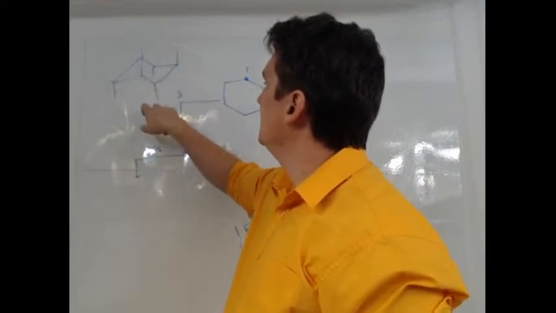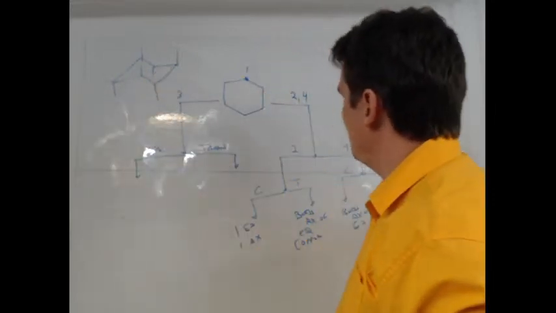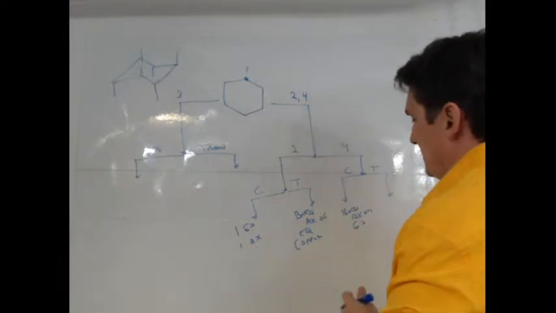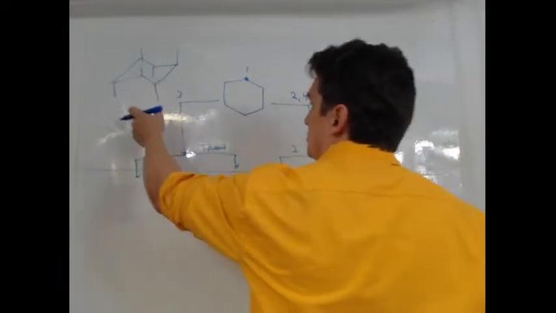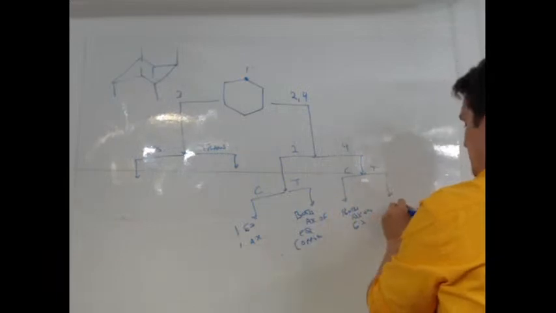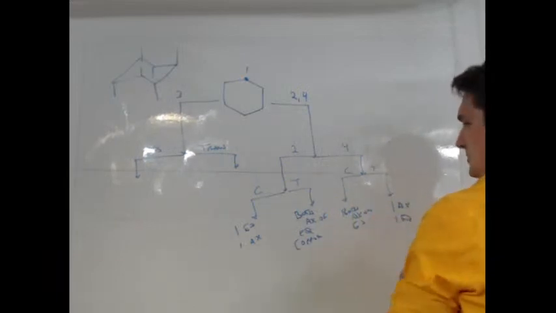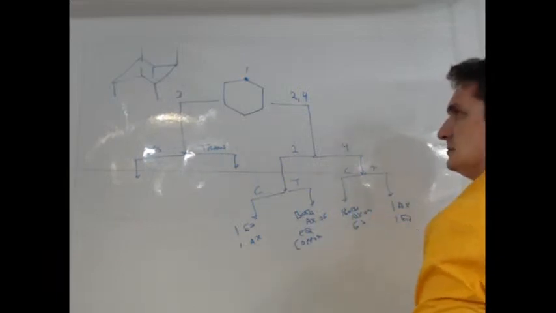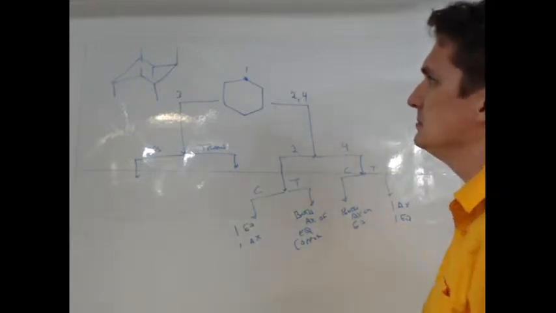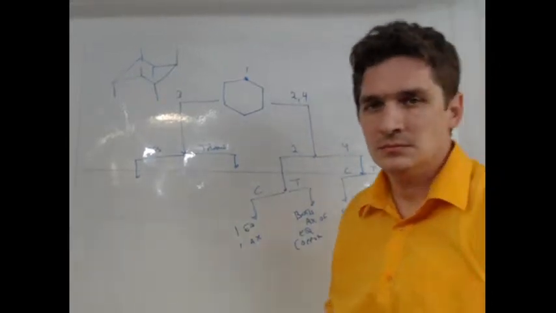so up, down, up, down. Again, if they're both axial, they're going to be on opposite sides. If they're trans, you're going to have one axial, one equatorial. Am I saying that right? Make sure that's right.